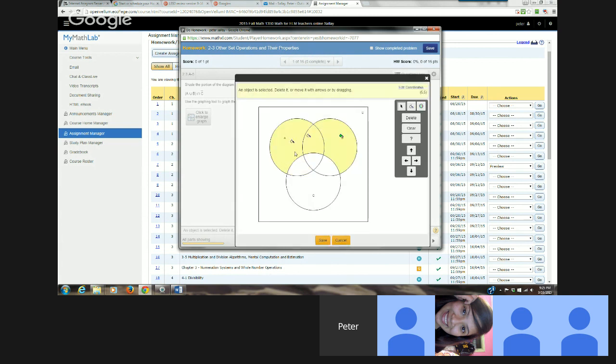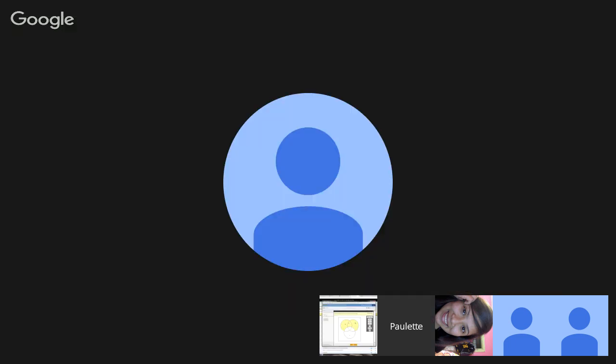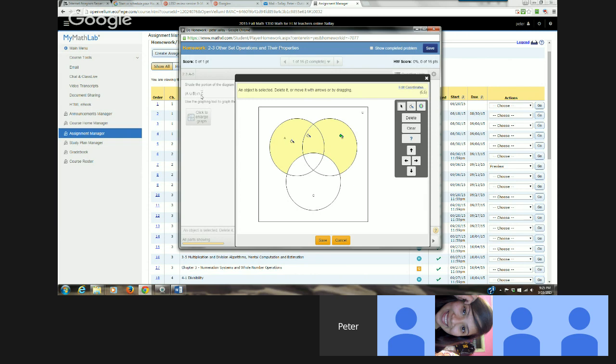Let me take a look at this again. I've started off with everything in A or B, and I got rid of the stuff that wasn't in C because I want the intersection of that. So this would be the shaded area for that one.